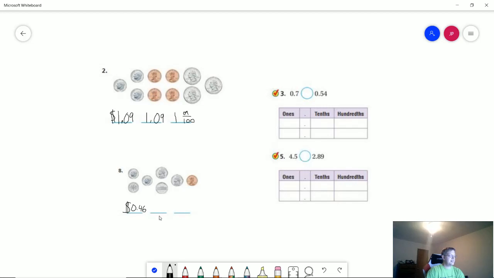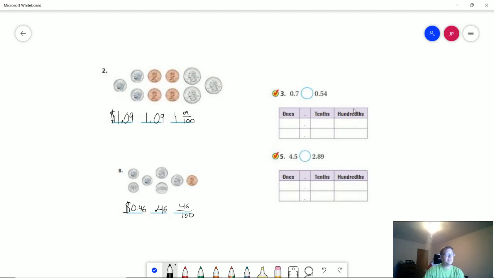And then our 46 cents, we could just write a decimal point in 46 for 46 hundredths. You could also put a 0 in the front. It's not going to hurt anything to do that. And then the last one, if I wrote 46 hundredths as a fraction, it would look like this.